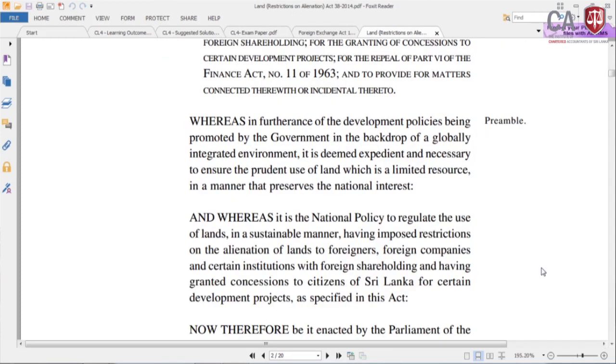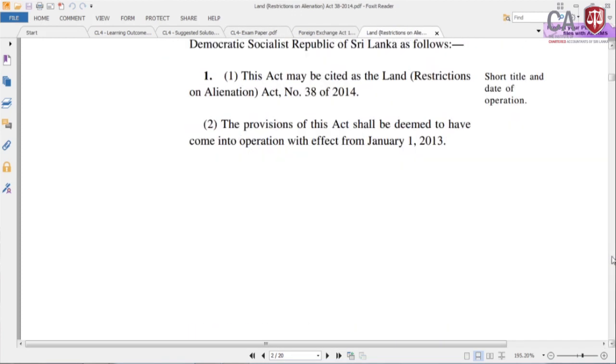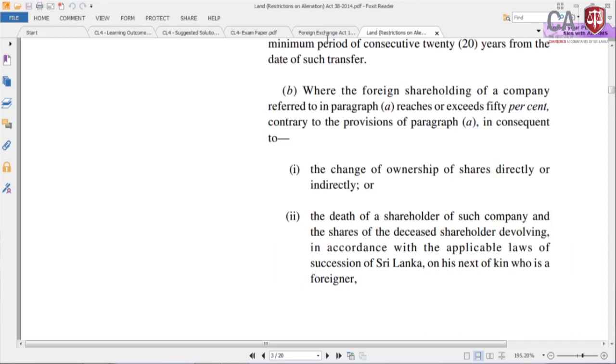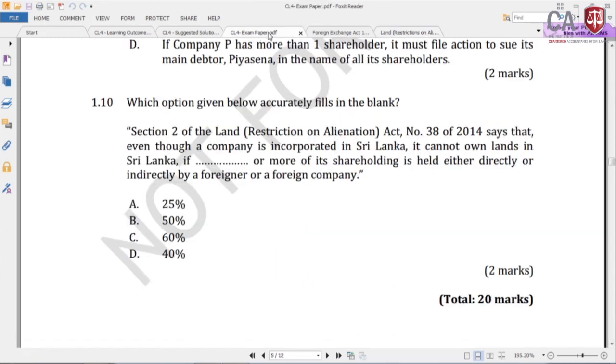Now let us look at the Land Restriction and Alienation Act. It refers to section 2.